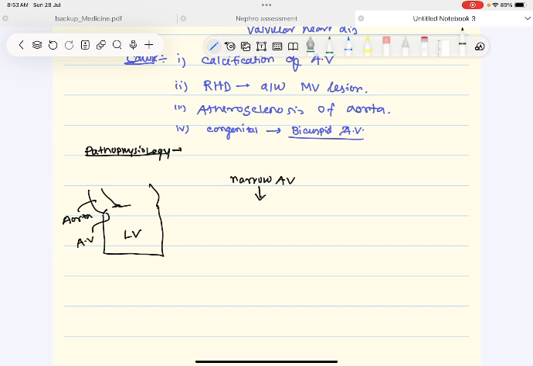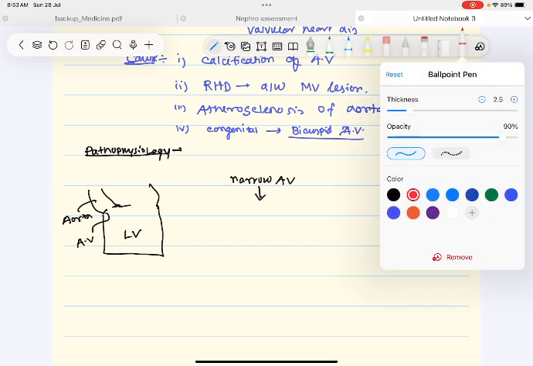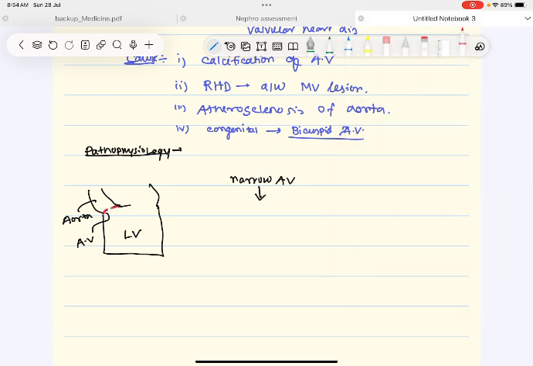Whenever there is stenosis, the pressure in the left ventricle increases and leads to hypertrophy of the muscle. Cardiac myocyte hypertrophy occurs in the left ventricle.